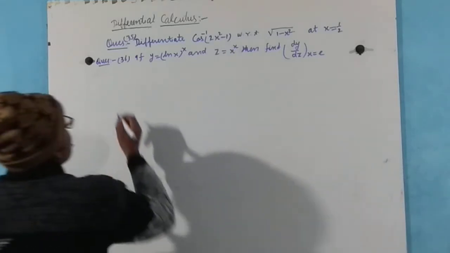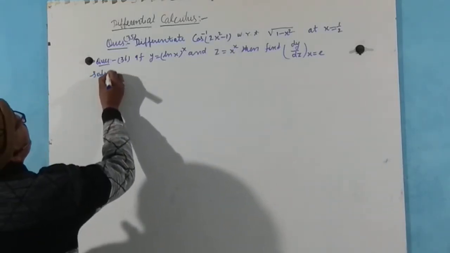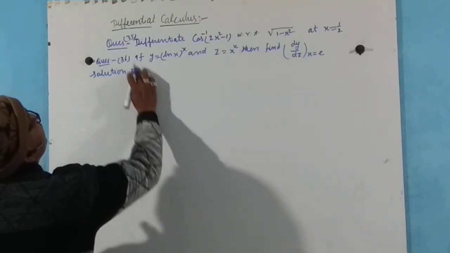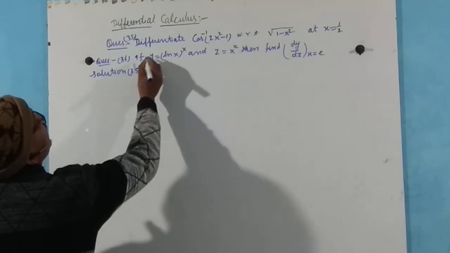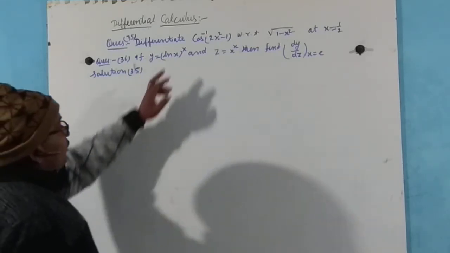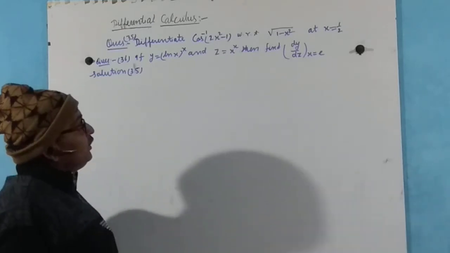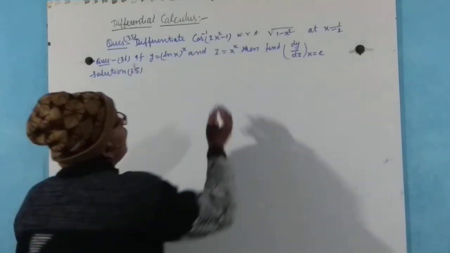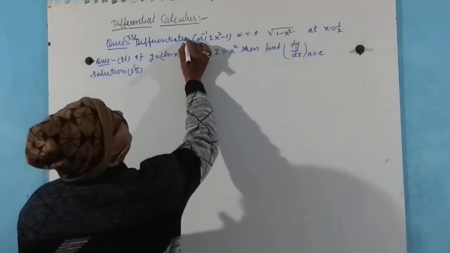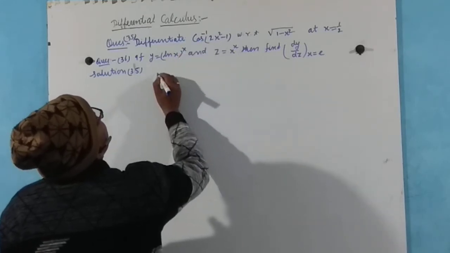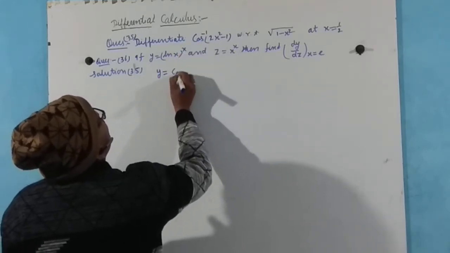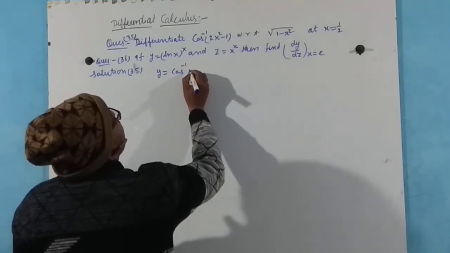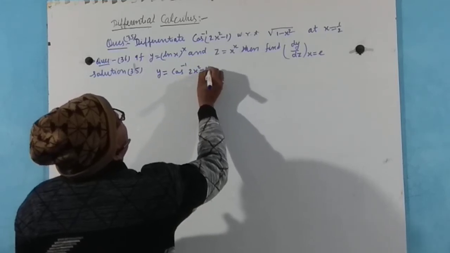Now, solution 35 here. In this case, differentiate cos inverse (2x square minus 1).